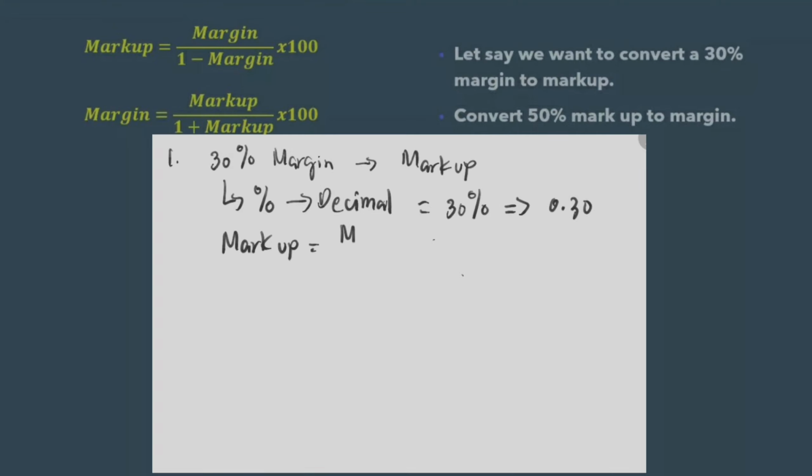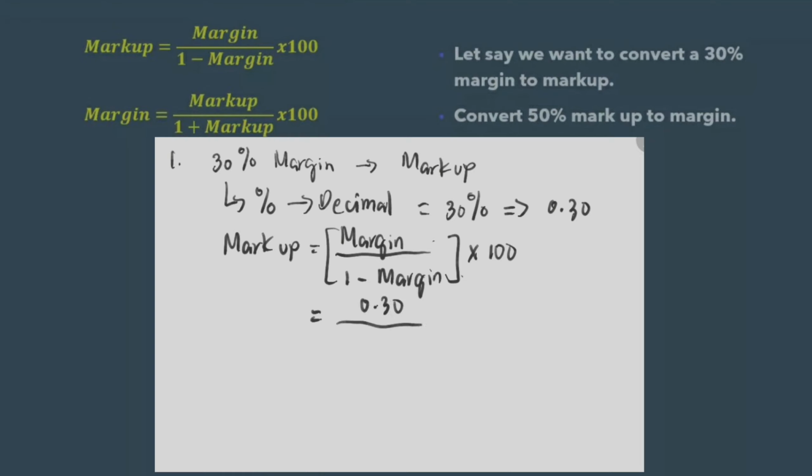And then after that, we can use now the formula for markup, which is equal to margin divided by 1 minus margin times 100.